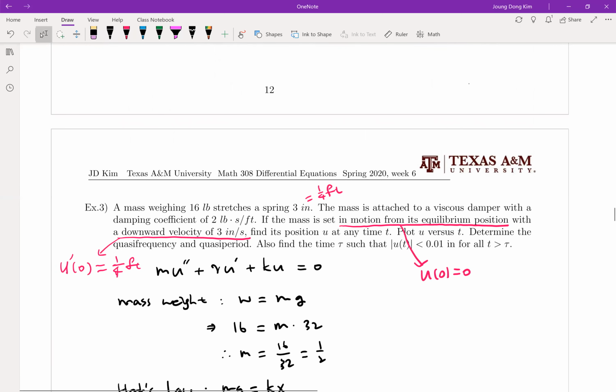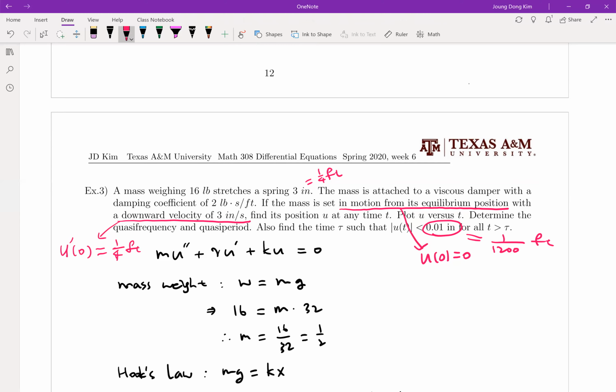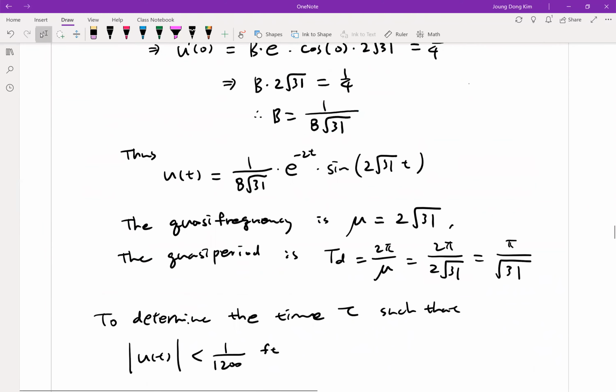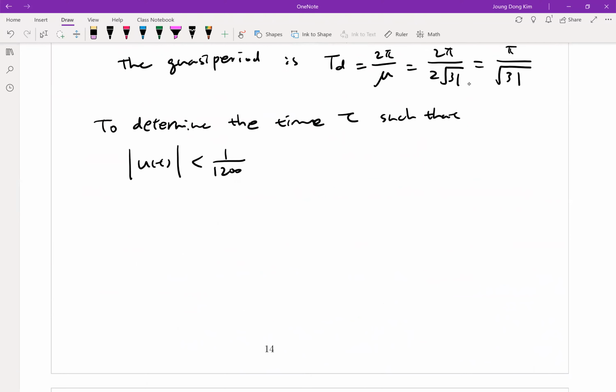Okay, so let me come back to the problem and mark that part. This inch part is equal to 1/1200 feet. That's why we're going to use 1/1200 instead. Okay, so how can you solve this problem? My u(t) was found before.